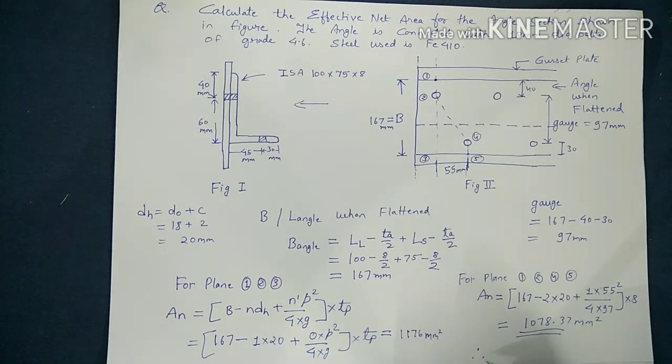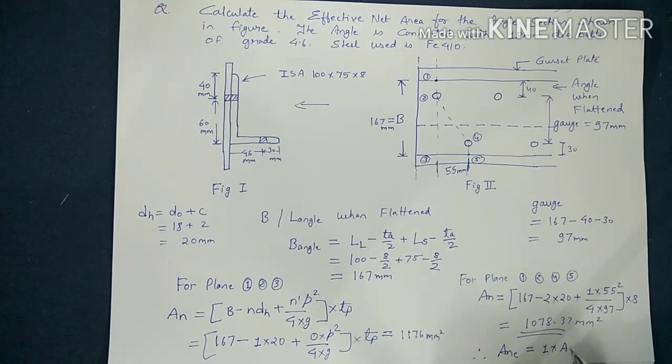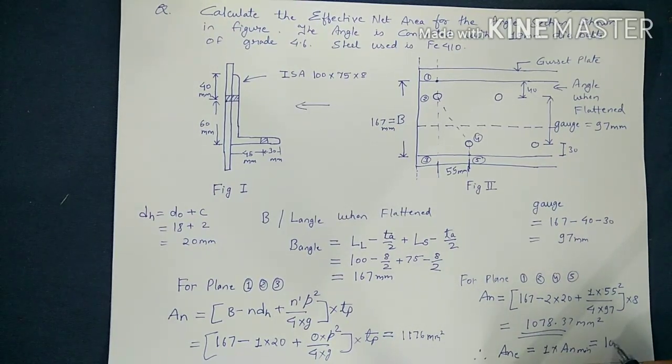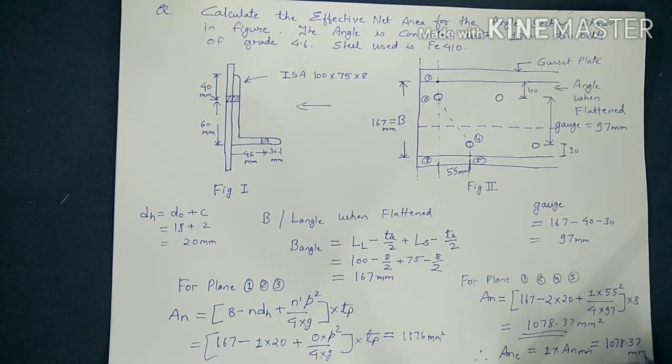Therefore, effective net area will be equal to net sectional area, as various ductility factors, geometric factors, hole forming factors and shear lag factors are not given in the question. We will consider it as 1 into An minimum, that will be equal to 1078.37 mm square.